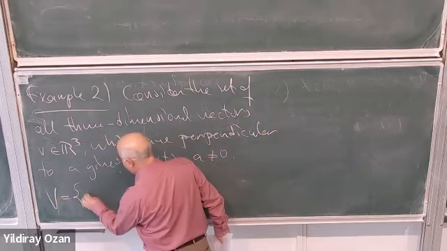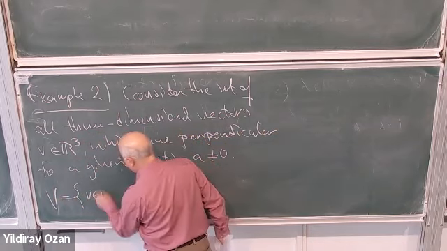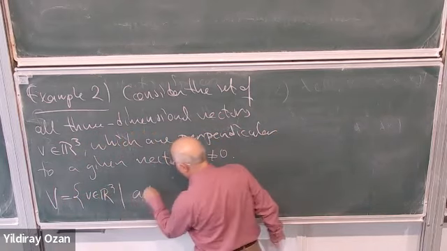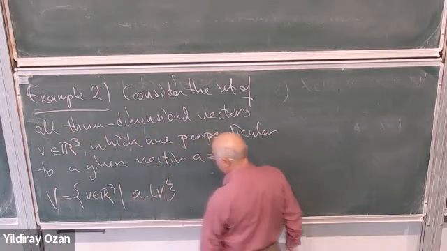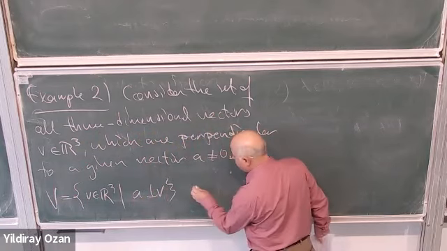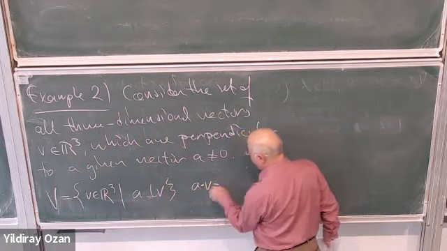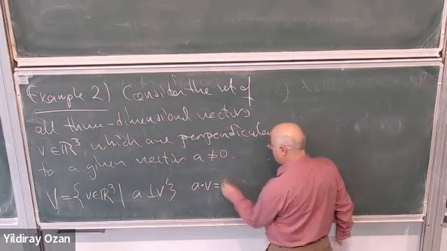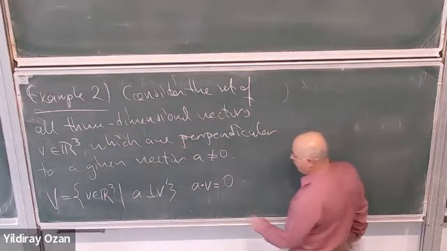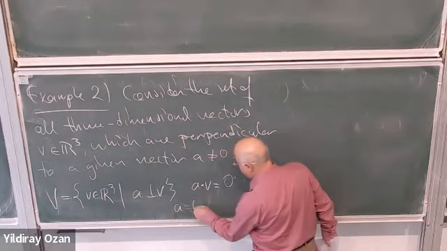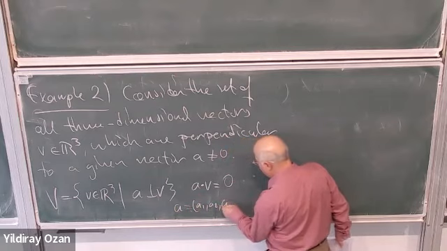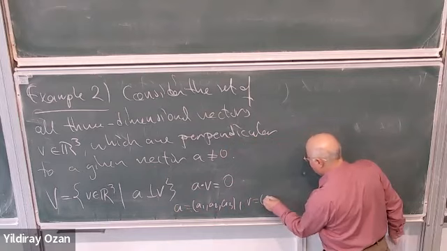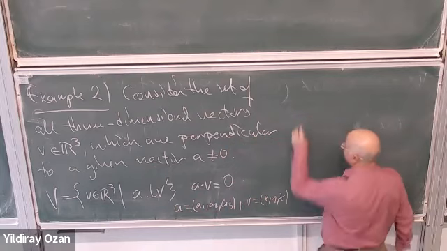So V is this. It is vectors V in R3 so that A and V are perpendicular to each other. Perpendicular to each other means their scalar product is 0. Okay, so let's say A is the vector A1, A2, A3, and V is the vector, let me use just X, Y, Z for simplicity.